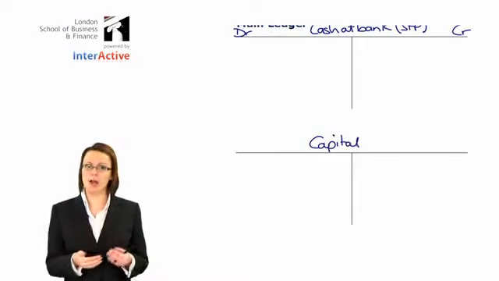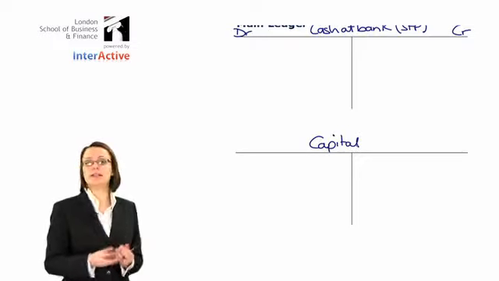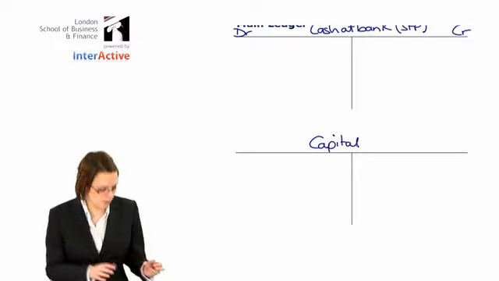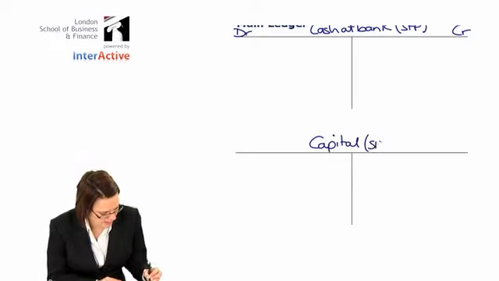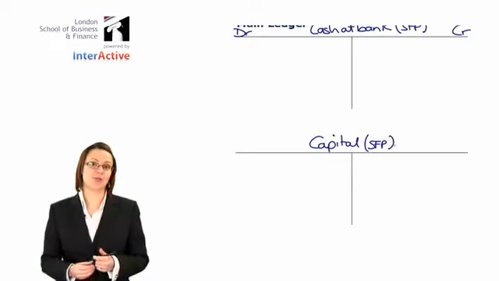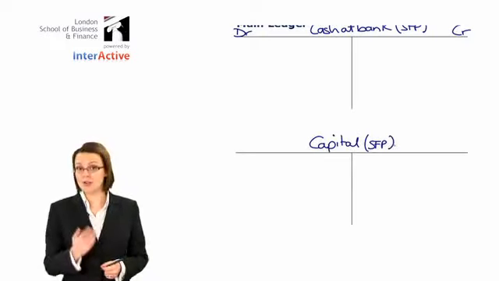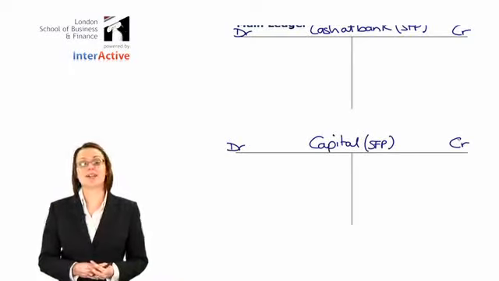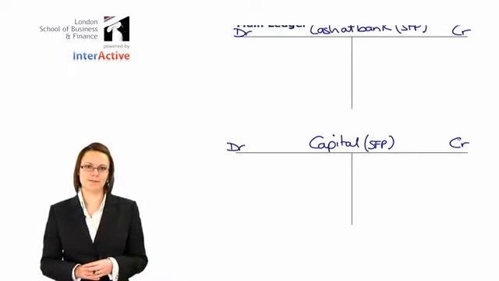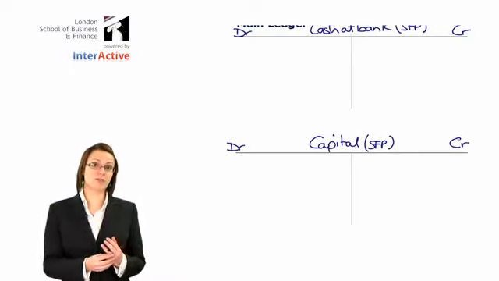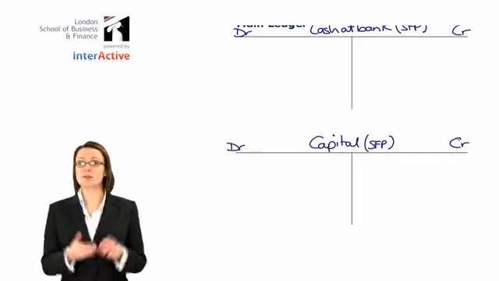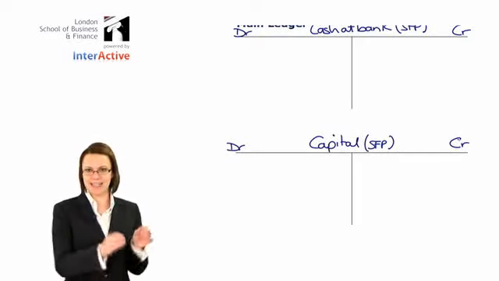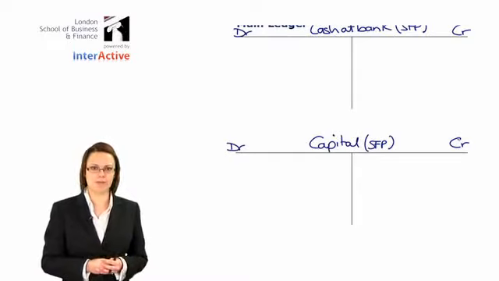So again, I'm going to remind myself that ultimately the balance of this account will go to the SFP, the statement of financial position. Don't forget, we also need to write in DR for debit on the left and CR for credit on the right. Now we have those accounts written in, let's proceed to pop that journal transaction into those ledger accounts.